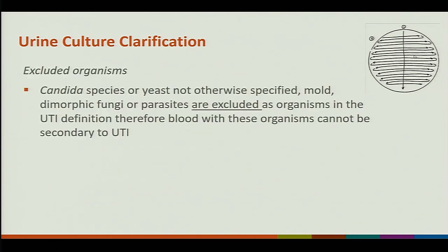Excluded organisms. Candida species or yeast, not otherwise specified, mold, dimorphic fungi, or parasites are excluded as organisms in the UTI definition. Therefore, blood with these organisms cannot be used secondary to UTI. Excluded organisms may be present in the urine.